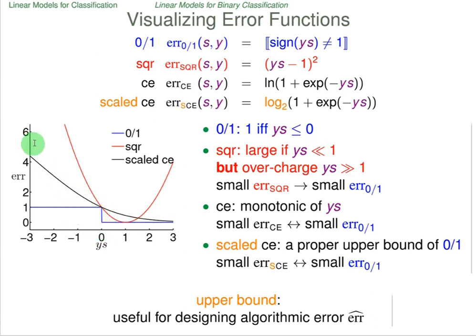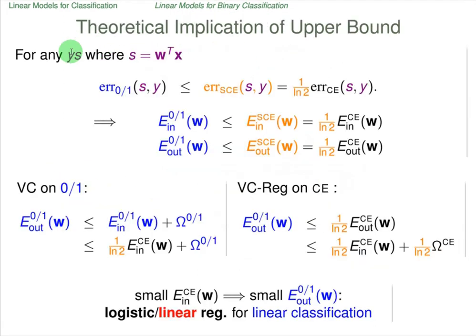And then the scaled cross entropy can act as an upper bound on the 0-1 error function, which can be used for designing an algorithmic error for linear classification as well. Why do we care about an upper bound? Since 0-1 error is hard to minimize, the question is, can we minimize a different error function that may help in minimizing the 0-1 error function?